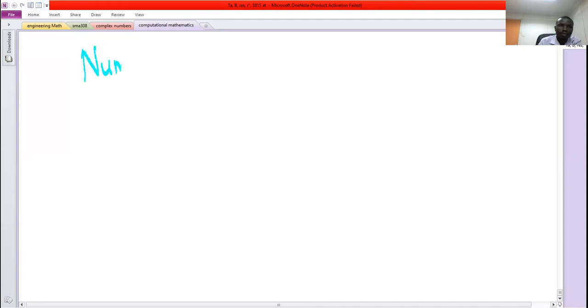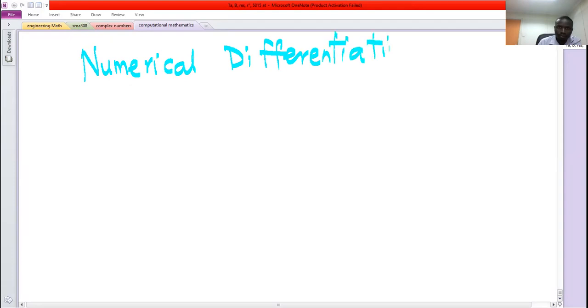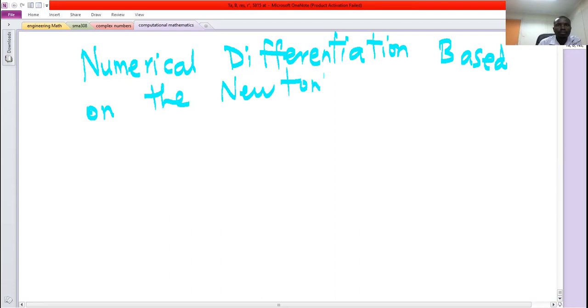Numerical differentiation based on the Newton's backward difference formula.